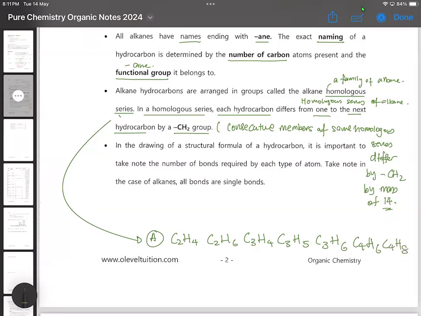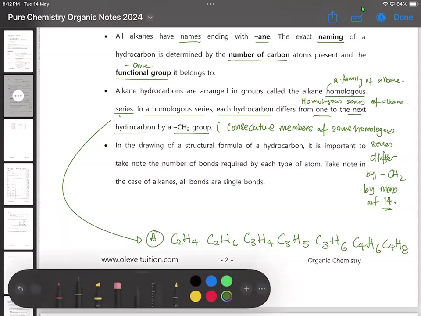If the question asks which ones belong to the same homologous series, we see that one differs from the next member by a CH2 group.